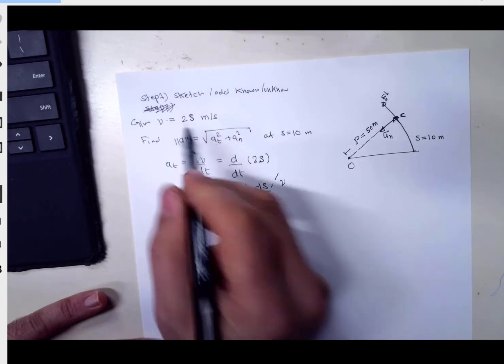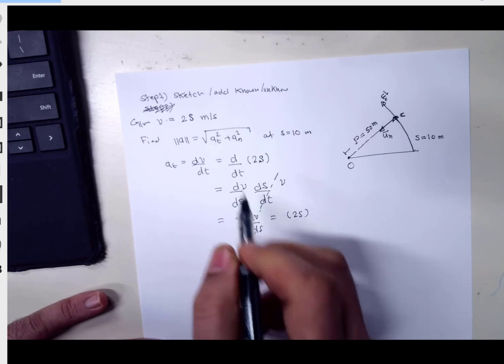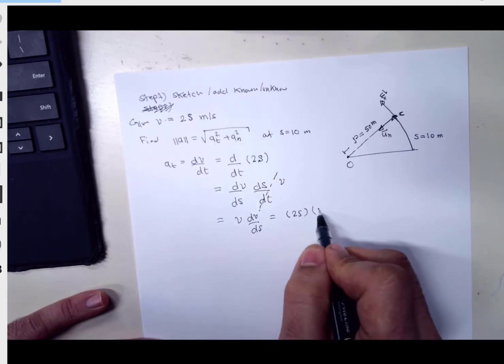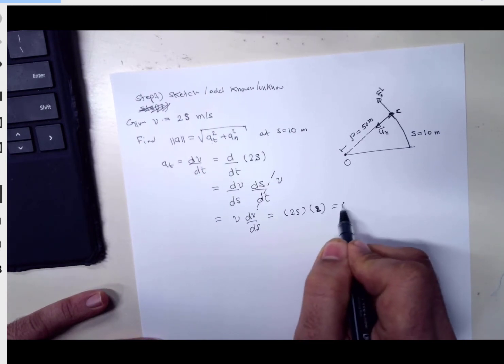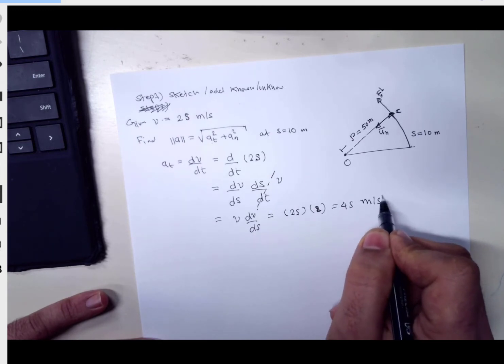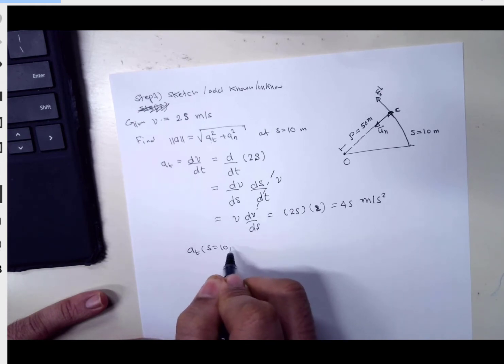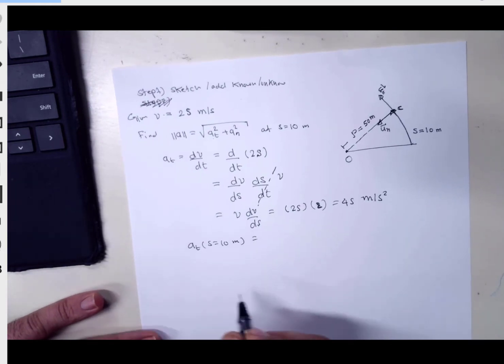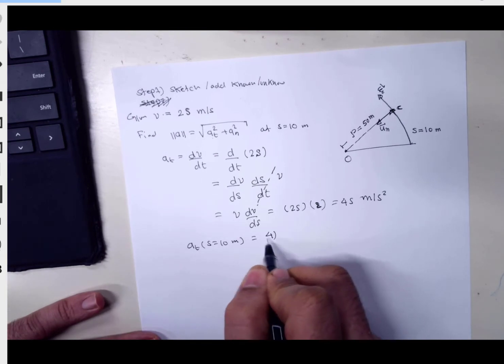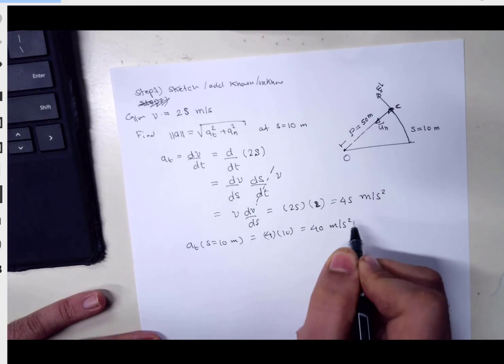Velocity is already equal to 2s, and dv over ds is the derivative of that, which is 2. So this is equal to 4s, and the unit is meter per second square. So at s equal to 10 meter, it's going to be 4 times 10, and that is equal to 40 meter per second square.